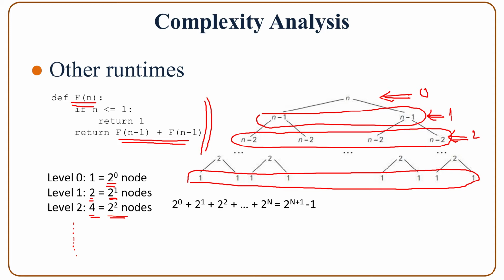So looking at the sum of 2 to the 0 plus 2 to the 1 plus 2 squared, etc. up to 2 to the n would give 2 to the n plus 1 minus 1.